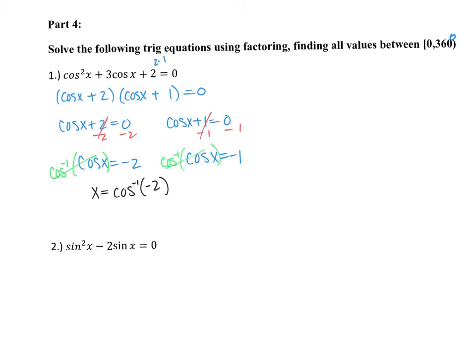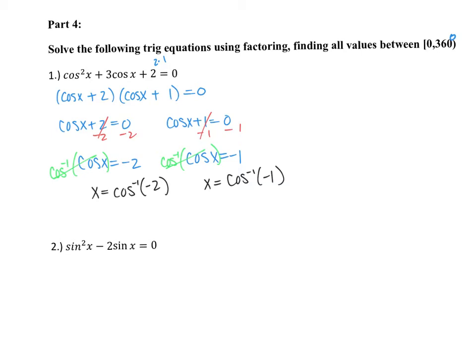Now this side I probably don't need to take an inverse and plug into the calculator, because I can probably find this on the unit circle. In fact, I probably won't use the calculator, but you could plug this in and see what the calculator gives you. Make sure you're in degrees when you're putting this in the calculator. So I've used inverse to help cancel out the cosine and then type this in the calculator. So you could do that, or just use the unit circle.